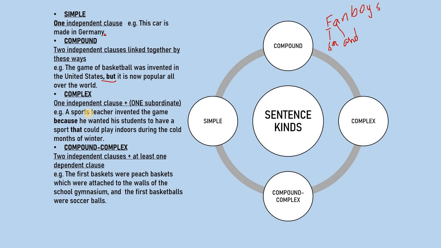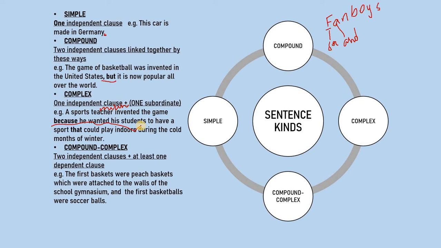A sports teacher invented the game. So it is a main clause. This is the independent main clause. Independent means main. And because he wanted his students, it is the reason for inventing this game.